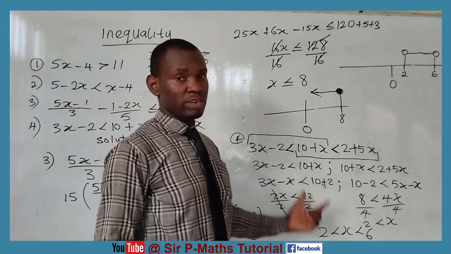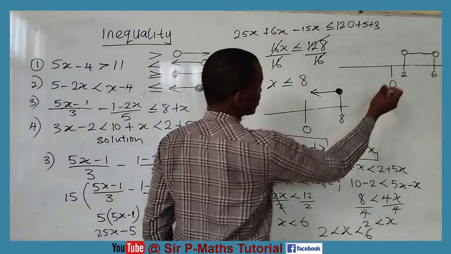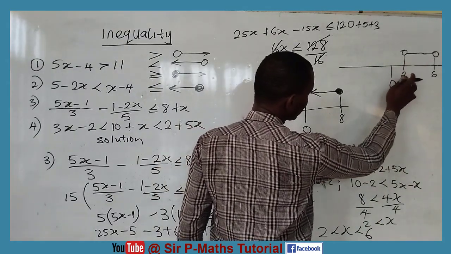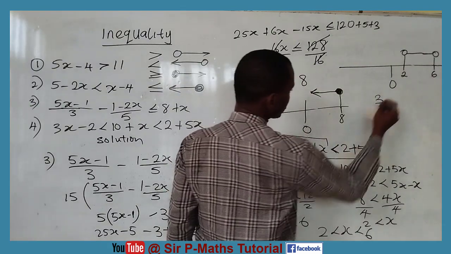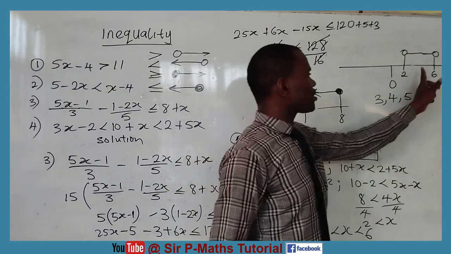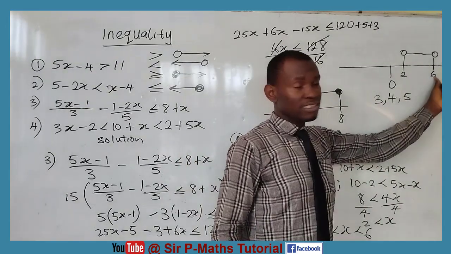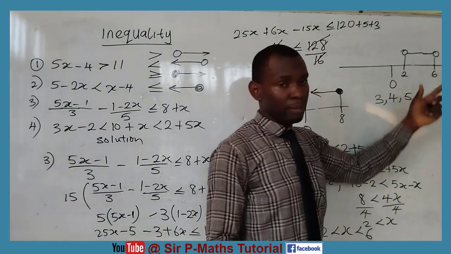The next thing we do is to extract the numbers that are in this range. Since we said that x is a number bigger than 2, it has to be 3. We start from 3. 4, 5. Take note that we said that that value is less than 6. So we are moving from 2 to 6. 2 and 6 are the boundaries.